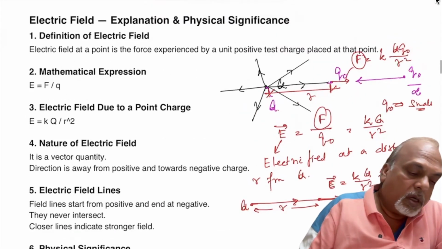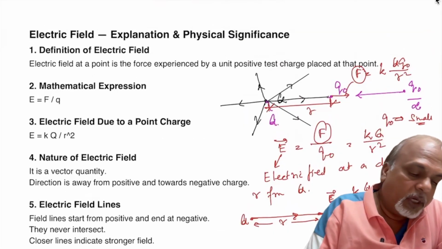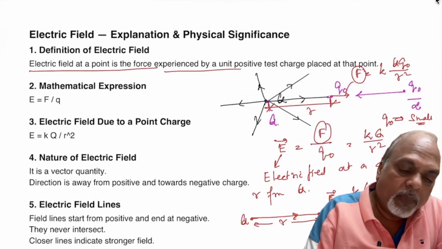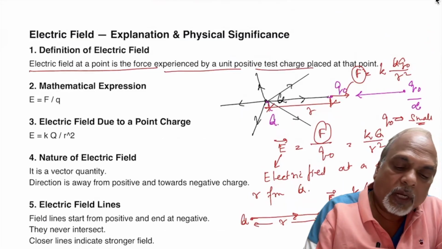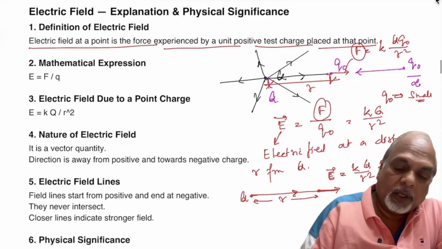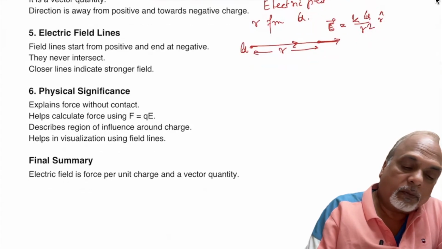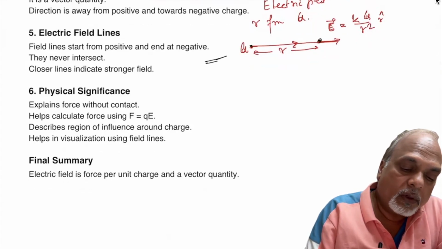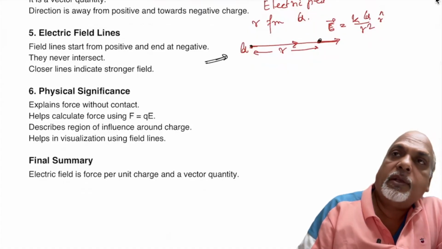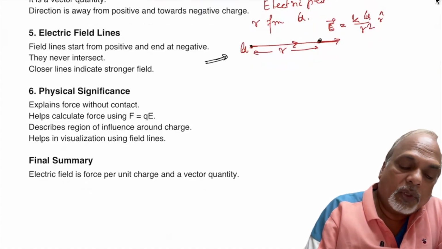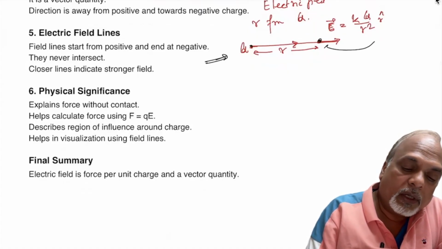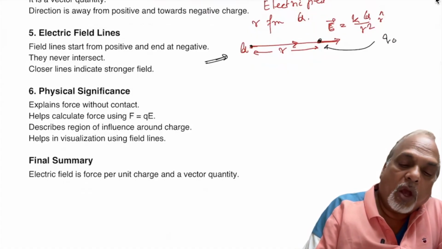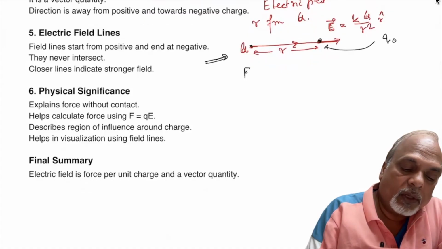So now let us see the definition. Electric field at a point is the force experienced by a unit positive test charge placed at that point. We have seen that at a distance of R, electric field is this. Then if we place a Q0 test charge here, how much force will it experience?